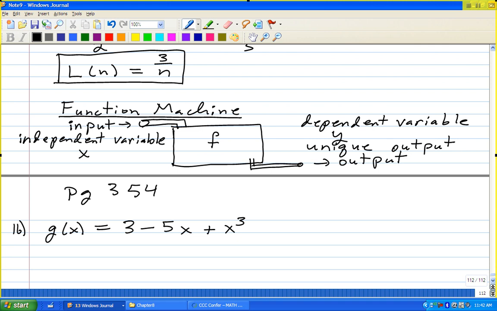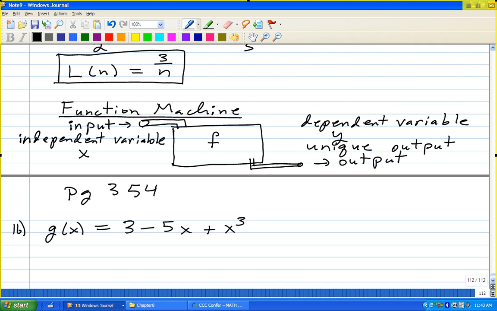And so in exercises 14 through 26, classify the function as a power, polynomial, rational, absolute value, radical, or piecewise defined function. Okay, and so I want to classify these.